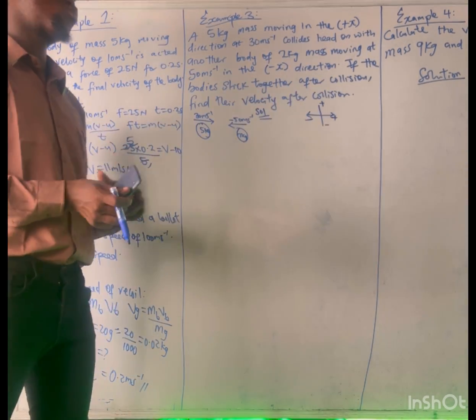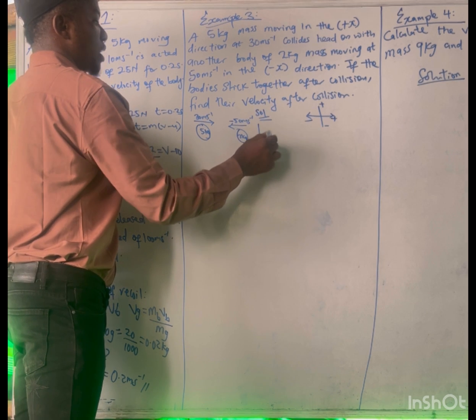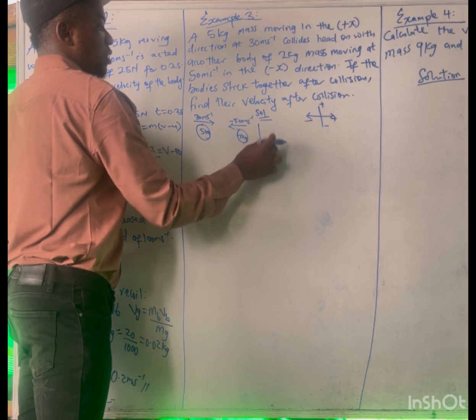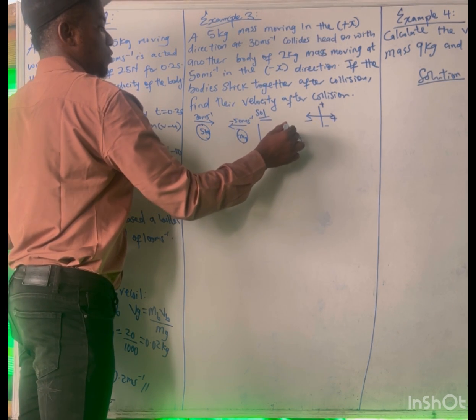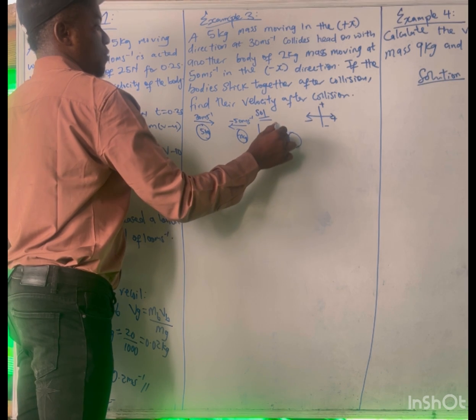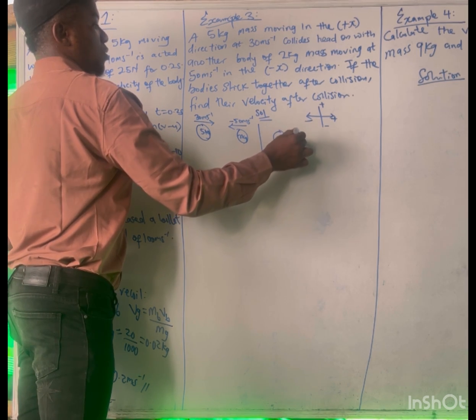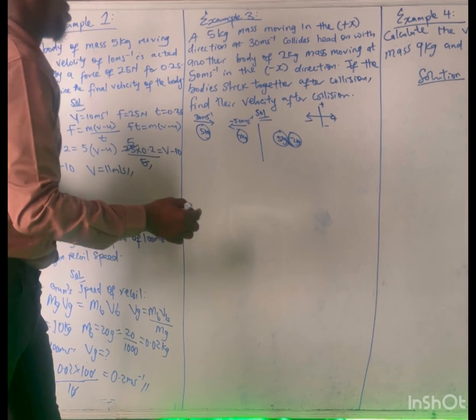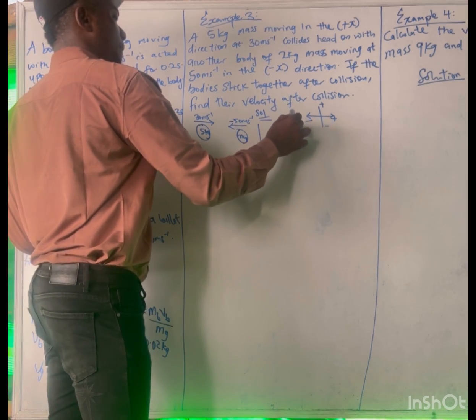If the bodies stick together, that simply means after the collision, they stick together. Find their common velocity. So I'm looking for v now.